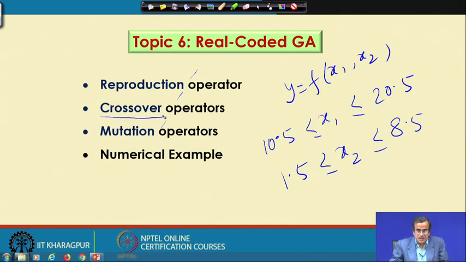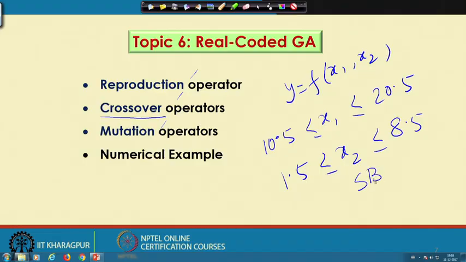In the literature, we generally use different types of crossover operators in real coded GA, like the linear crossover, then the blend crossover, then the simulated binary crossover. These are the popular crossover operators, but there are a few others also. Out of these, the simulated binary crossover gained much popularity.